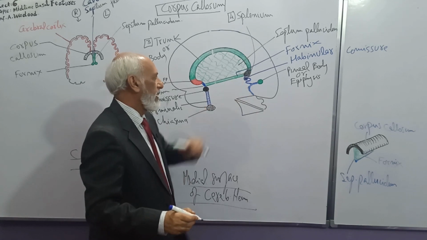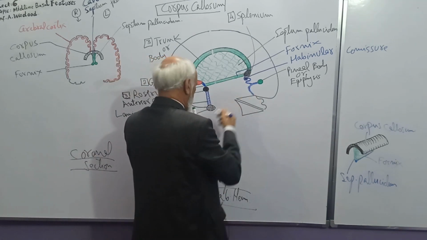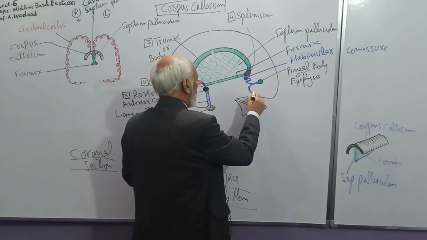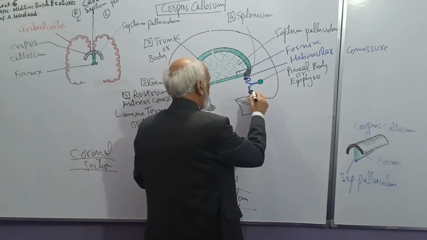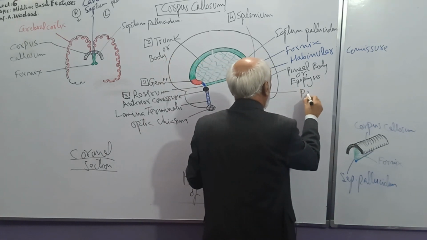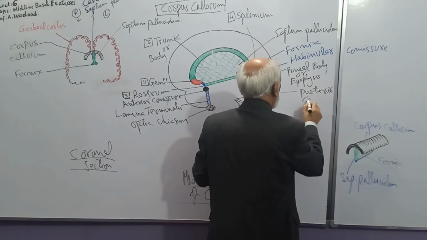of the posterior wall. Then in the lower part, lower lamina, again there is a commissure, a bundle of commissure fibers which interconnect different parts of the right and left cerebral hemisphere. This is known as the posterior commissure.